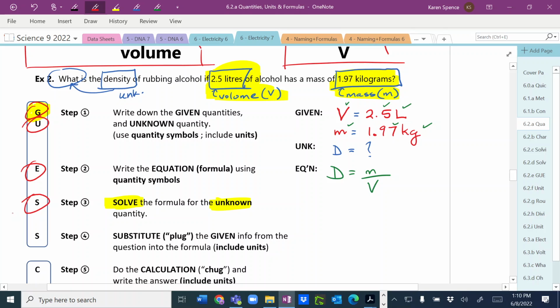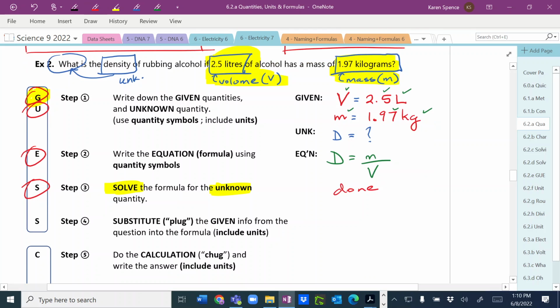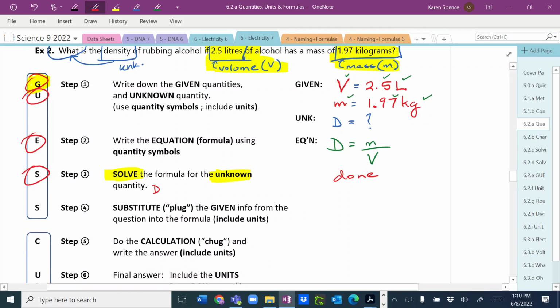Just like I promised, it's already done. We have the D on the top by itself on the left. Okay, so we don't have to do anything.